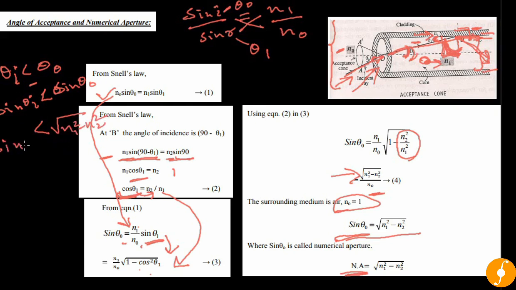So sine theta I should be lesser than square root of n1 square minus n2 square, which is the numerical aperture. So we can also write sine theta I should be lesser than numerical aperture. This is the condition for angle of acceptance and numerical aperture.